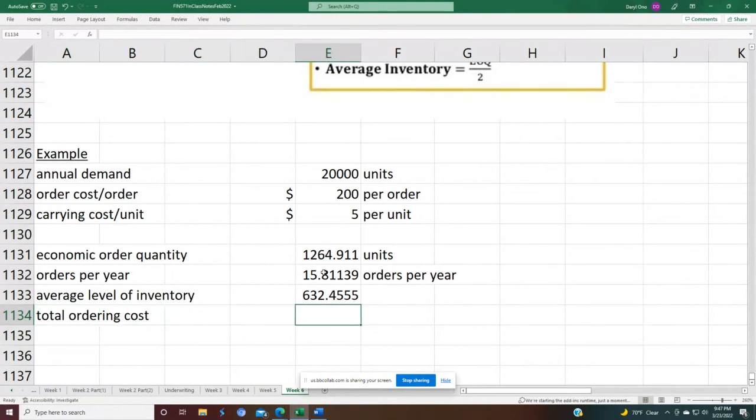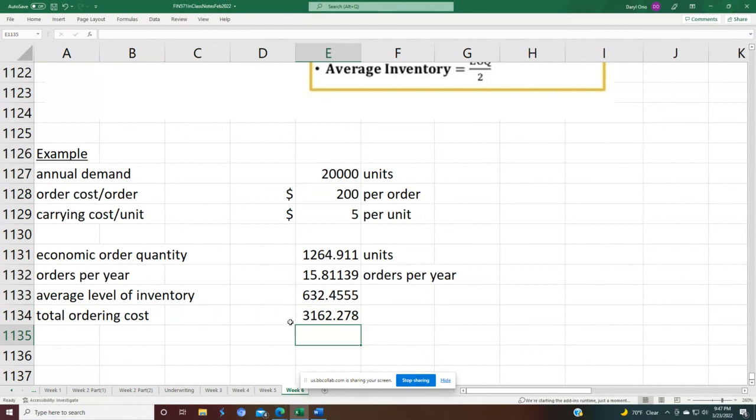We're going to place 15.8 orders per year times $200 per order.